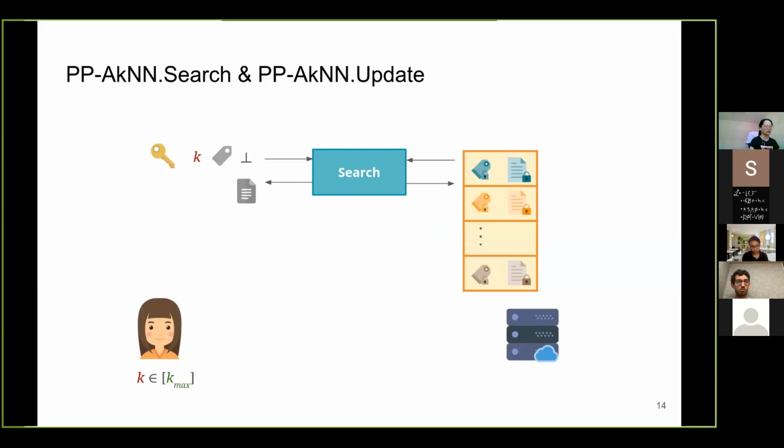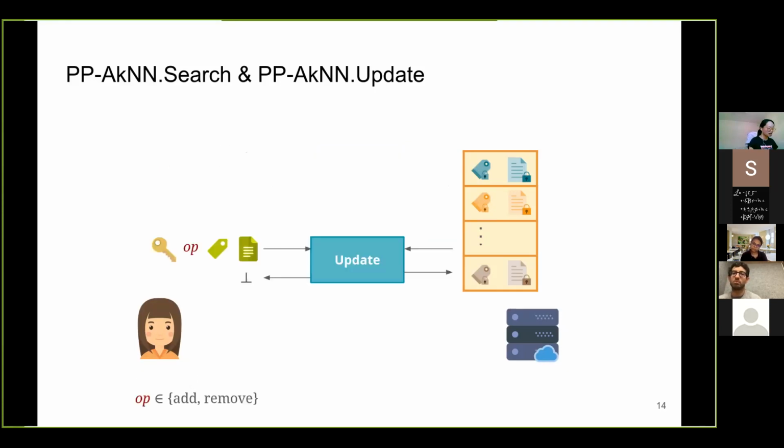At the end of the search protocol, the client will receive the documents and the server will update the encrypted database. The update algorithm runs similarly, but with the exception that the client needs to input an operation type, which is either add or remove. And at the end of the update protocol, the client will receive an empty value while the server will update the encrypted database.